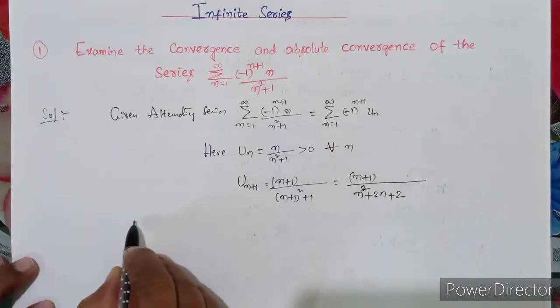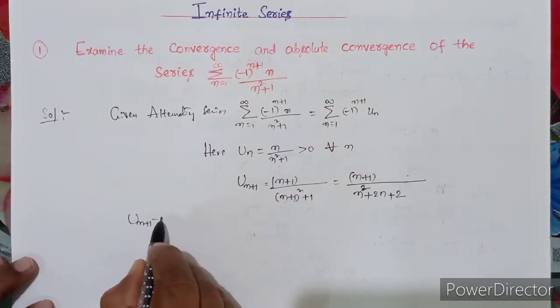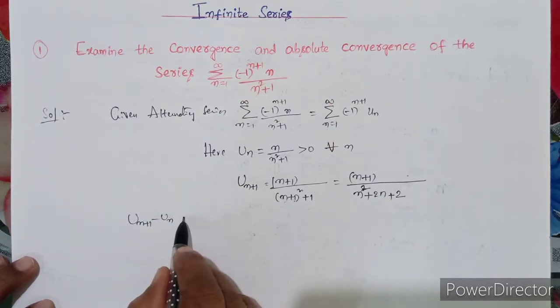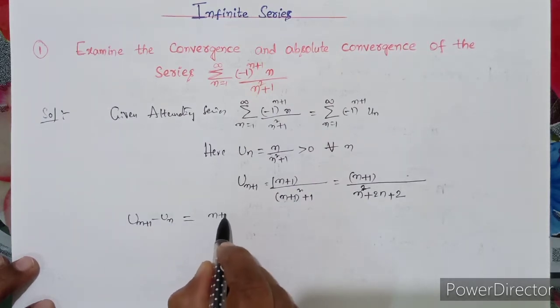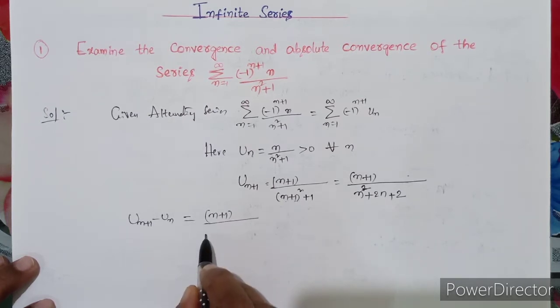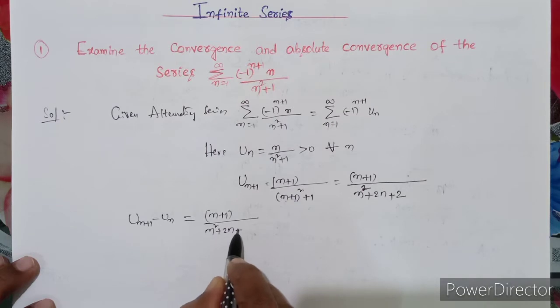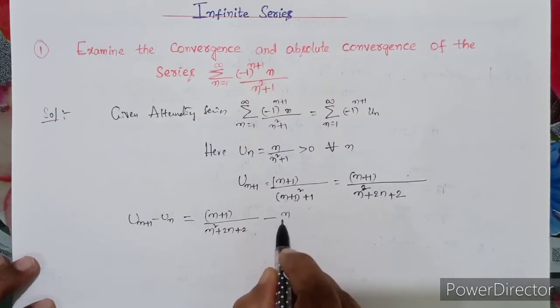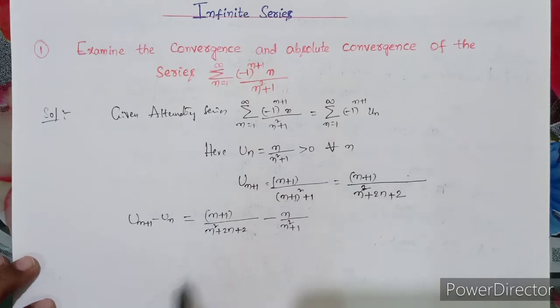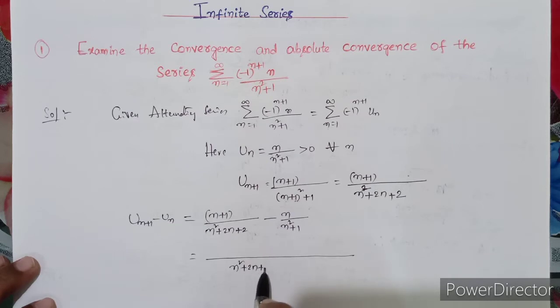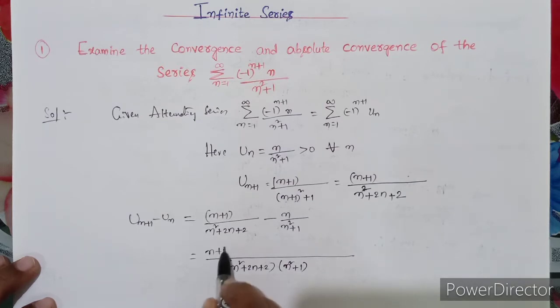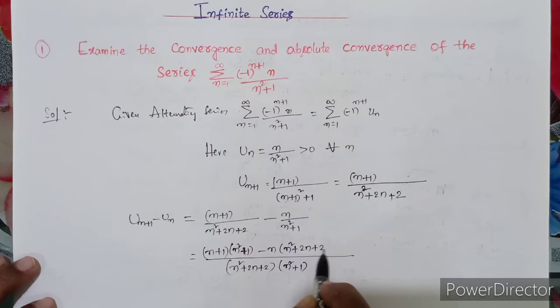So we will see by subtracting un from un plus 1. Now this is equal to n plus 1 by n square plus 2n plus 2 minus n by n square plus 1. Taking LCM, n square plus 2n plus 2 into n square plus 1, numerator: n plus 1 into n square plus 1 minus n into n square plus 2n plus 2.